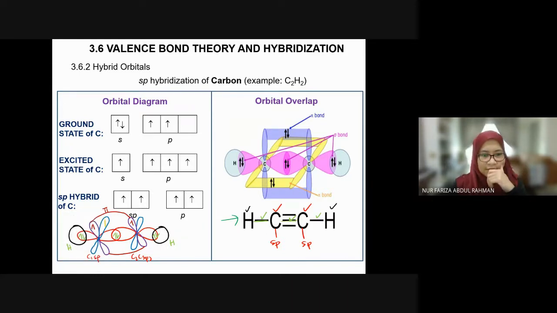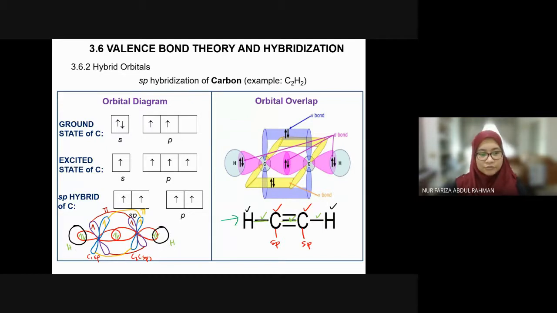Okay, so we have one electron in the blue colored unhybridized p. Okay, these two will overlap, top and bottom, simultaneously. Yes, that will be the second pi bond. Okay, second pi bond. Done with your orbital overlap.